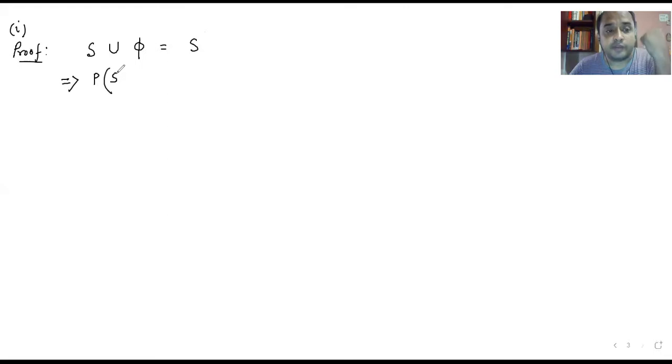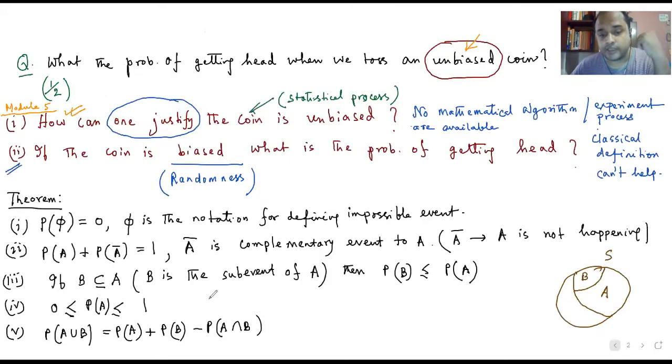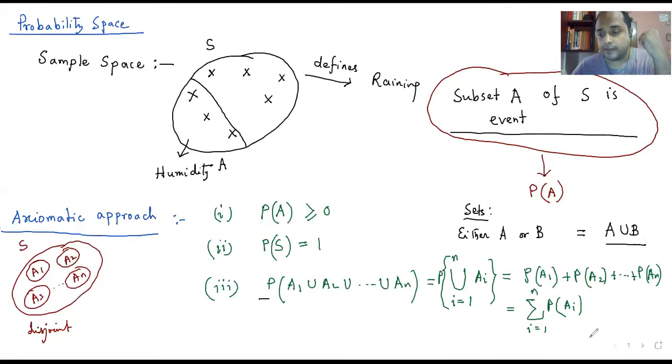Probability of S union phi, if I apply probability on both sides, we will get this. S and phi are disjoint. It is quite obvious. And since they are disjoint, I can apply axiom 3 over there.